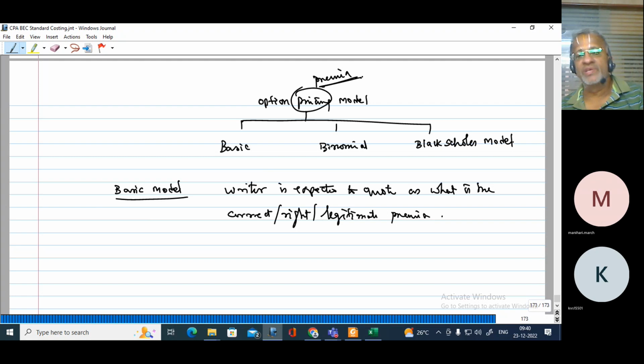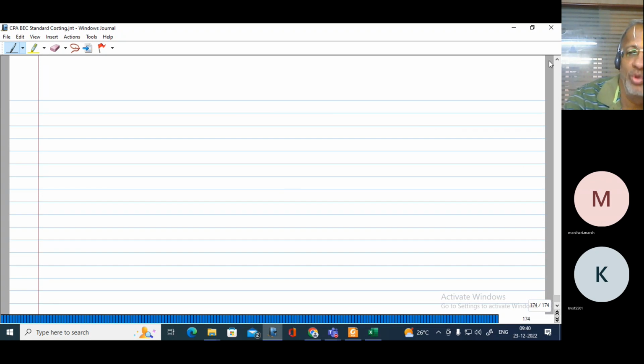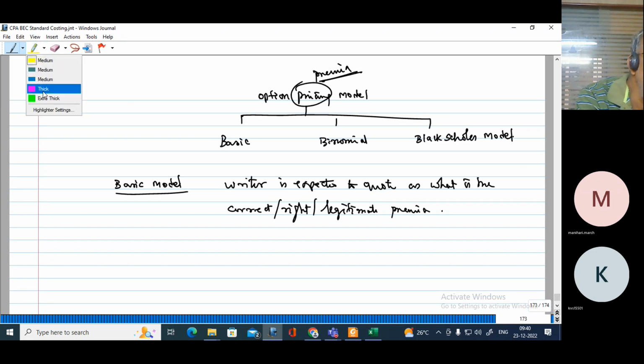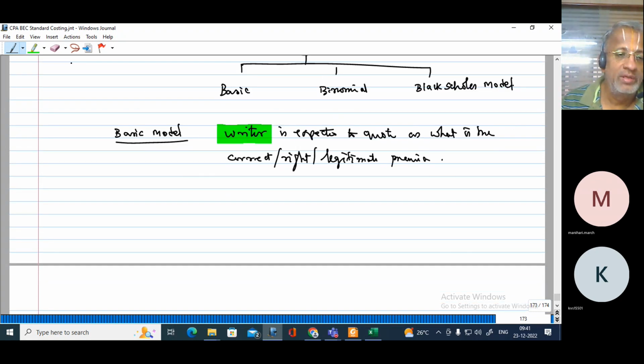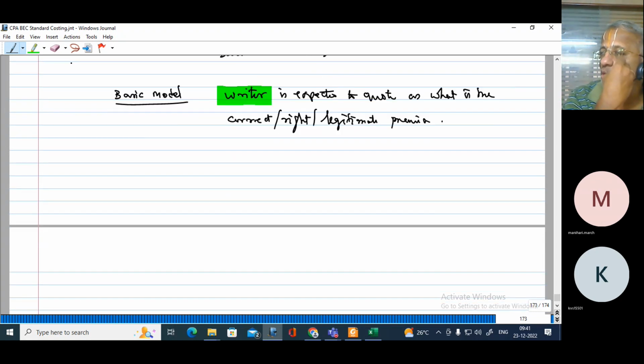How the premium is fixed is what we are taking up for discussion. So you all know that the writer is the vendor who is expected to quote the price. So is he expected to quote a very high price or a minimum price?